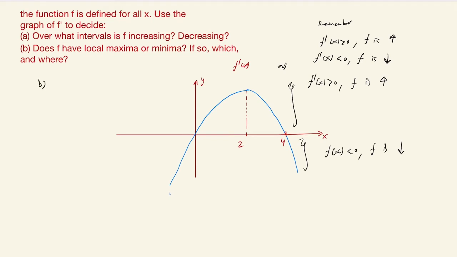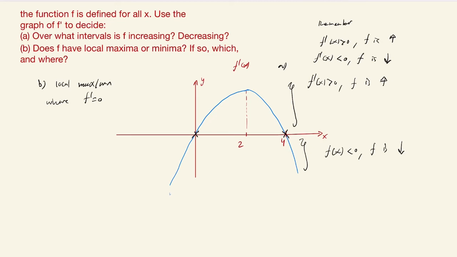For part B, again, we will have a local maximum and minimum at a critical point. A critical point is where the first derivative is 0, and we are given the first derivative. So that's going to be where we have an intersection with the x-axis, when x is 0 and when x is 4.